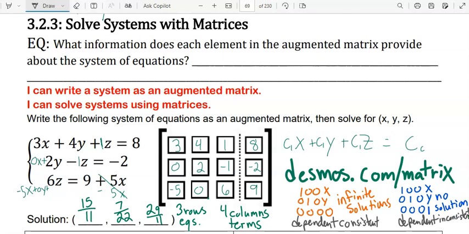One unique solution, like the one we got here, is independent and consistent. Consistent means at least one solution, and independent means there's one unique solution there.